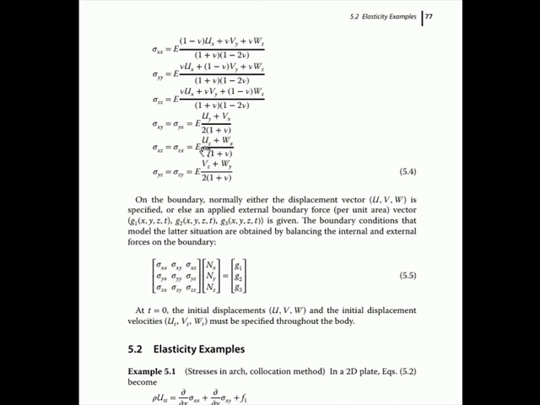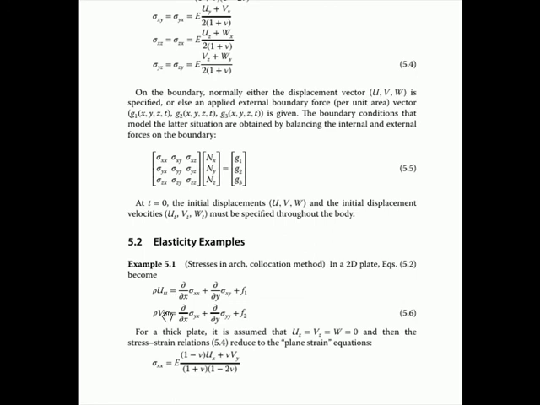So these disappear, the w's disappear, and you get sigma xx is equal to that without the w, sigma yy is that without the w, sigma xy, which is the same as sigma yx, is that. So the plane strain equations reduce to the following two-dimensional problem.